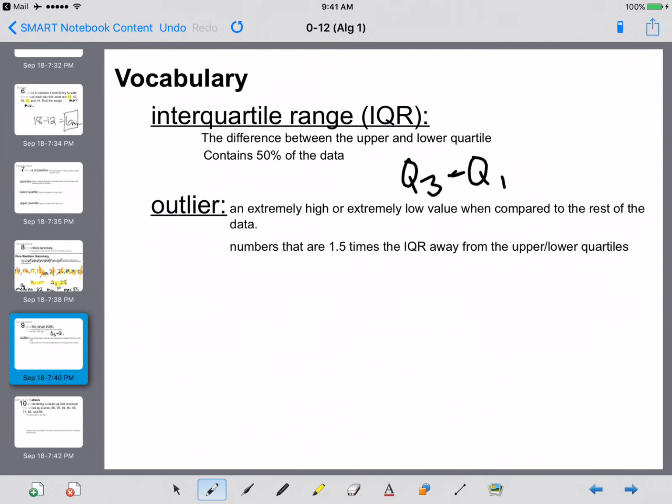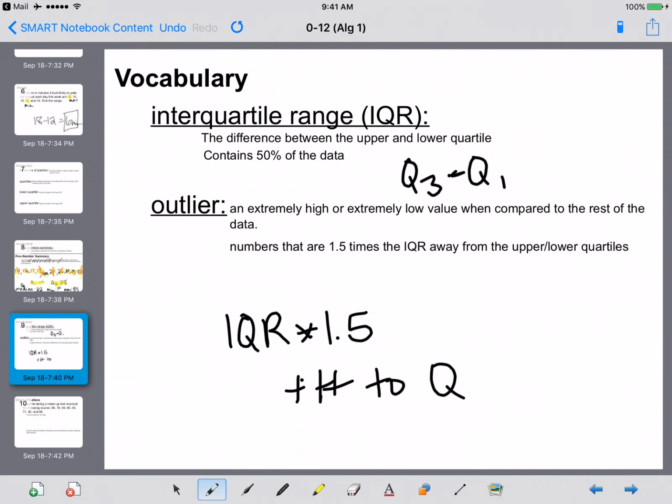They are numbers that are 1.5 times the IQR away from the upper and lower quartiles. So you take the interquartile range times 1.5, and then you either add that number to quartile 3 or subtract that number from quartile 1. If your number is outside of whatever number you come up with, then it's an outlier.